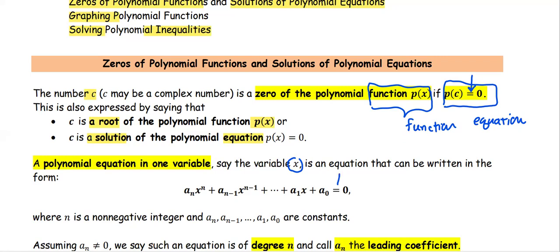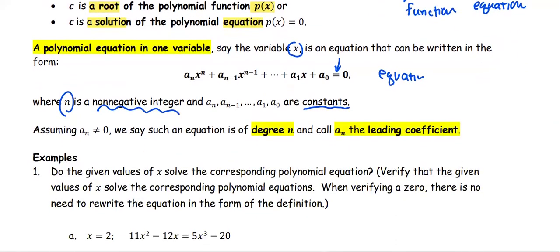When you see the equal sign, that means this is an equation. It is called a polynomial equation when n is a non-negative integer and a_(n-1) down to a_1, a_0 are constant terms, with a_n not equal to 0. We say that this equation is of degree n and call a_n the leading coefficient.